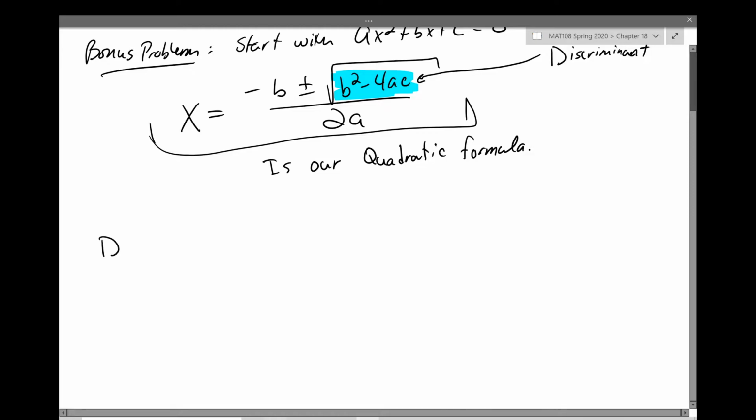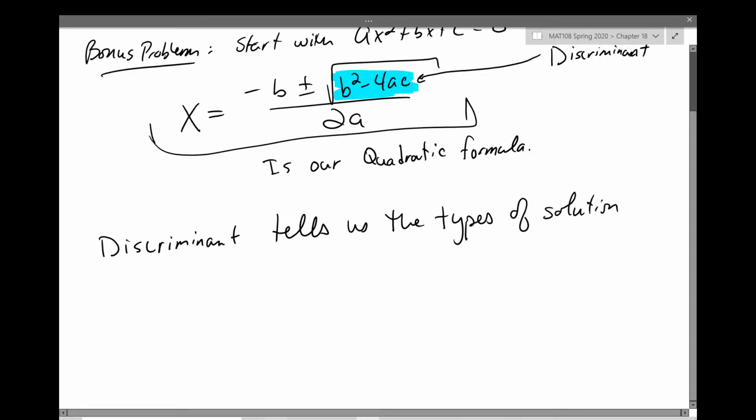Well, the discriminant tells us the types of solutions we can get from our quadratic equation.